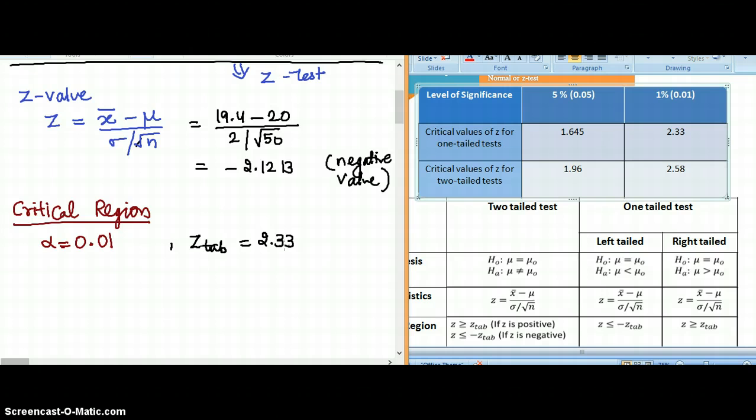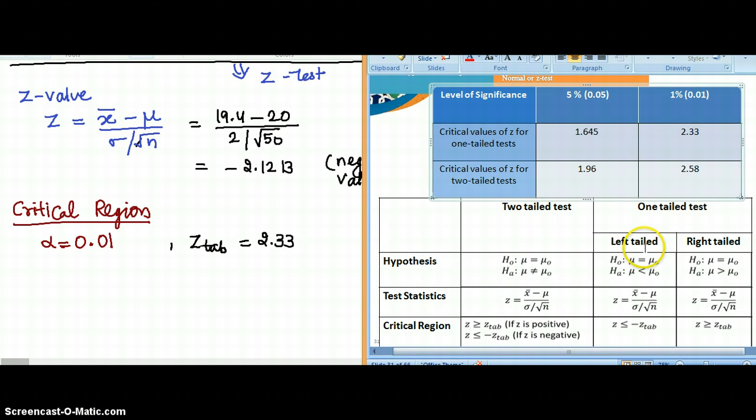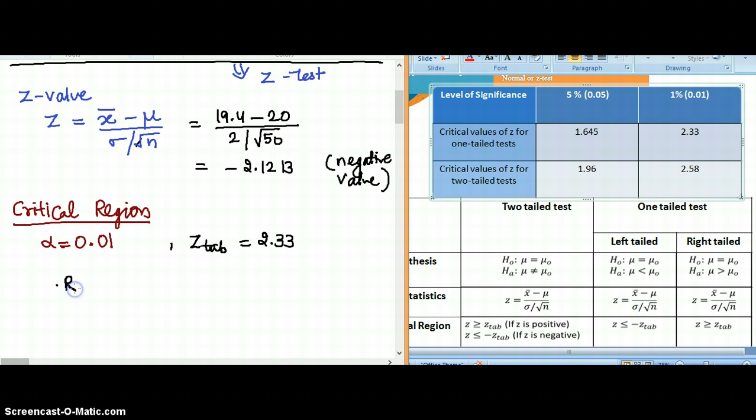Now let's see from this table. For a one-tail test, when it is a left-tail test, the critical region is z less than or equal to minus z tabulated. That is, z is less than or equal to minus 2.33.